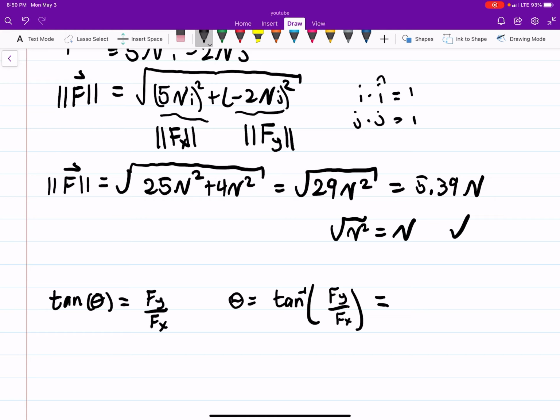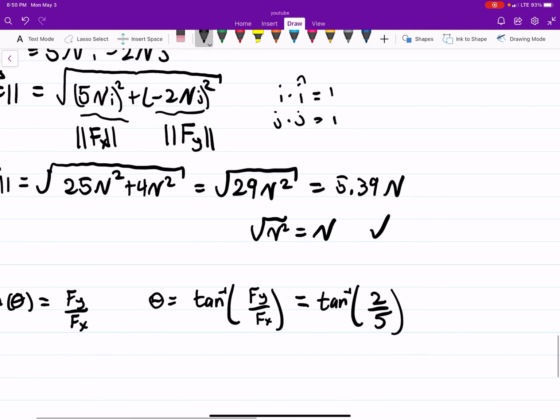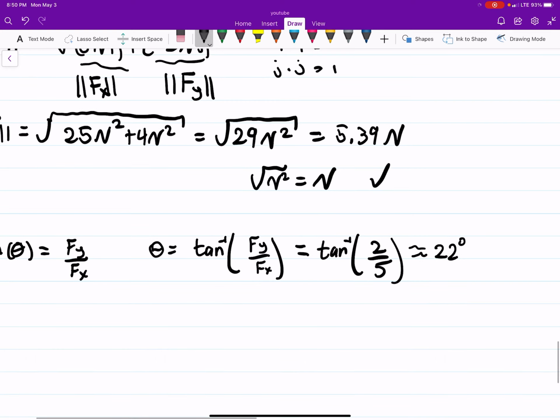So for example, the y direction, I'll just put 2. You could say newtons over 5 newtons. The newtons will obviously cancel. So it's tan inverse of 2/5, which gives you about 22 degrees.